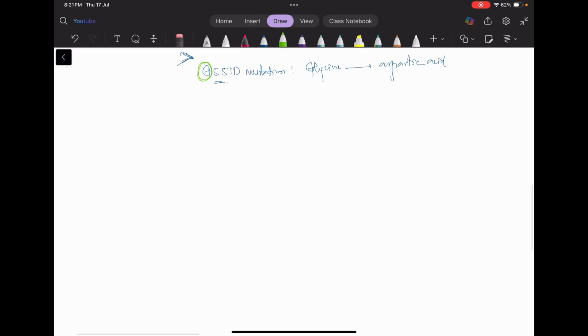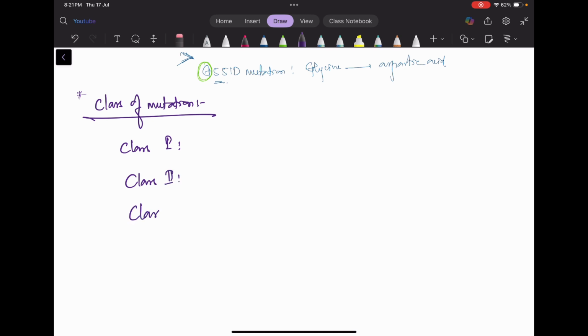So we have classes of mutation. Let's make it bigger so that you can see well. Class 1, class 2, then class 3. Class 1 is related to a defect in protein synthesis, like complete absence of CFTR protein. Make it short so you can remember well.